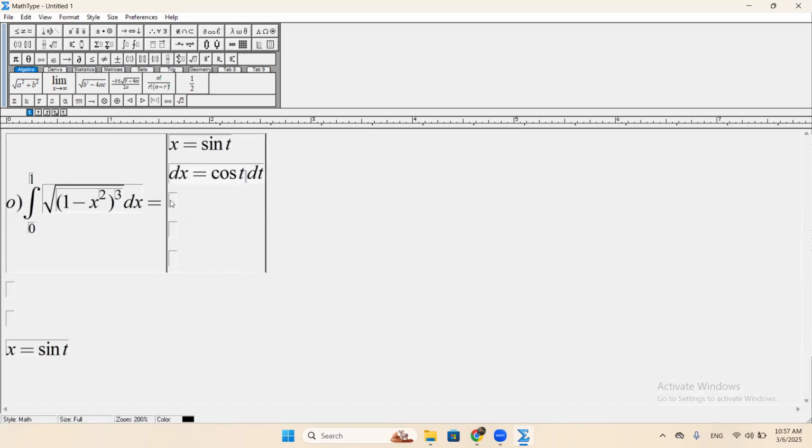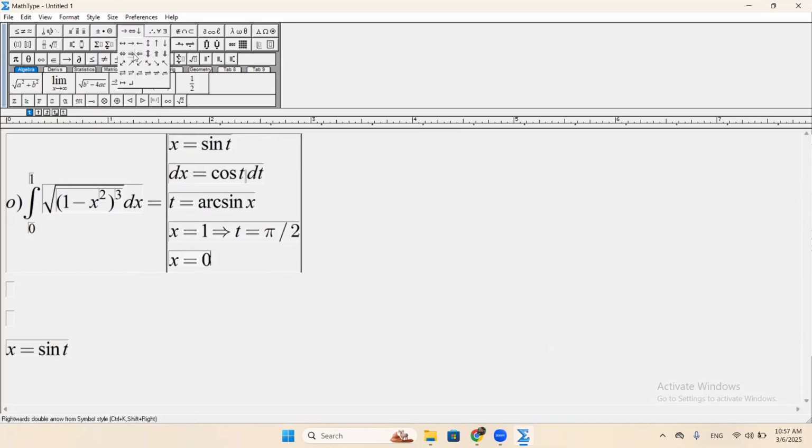Then t equals arcsine of x. Then when x equals 1, t equals pi over 2. When x equals 0, t equals 0.